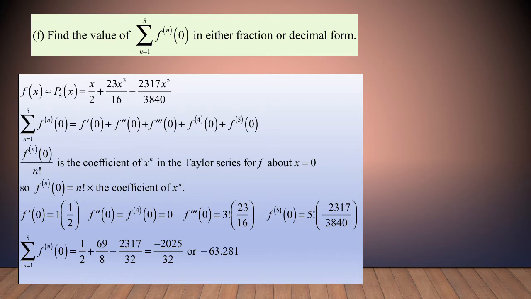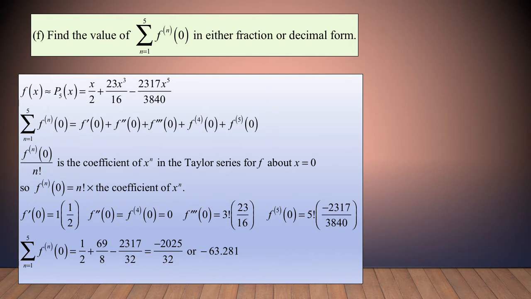F double prime of 0 is the same as the fourth derivative of f at 0, which is 0. The third derivative of f at 0 is 3 factorial times 23 over 16. And the fifth derivative of f at 0 is 5 factorial times negative 2,317 over 3,840.